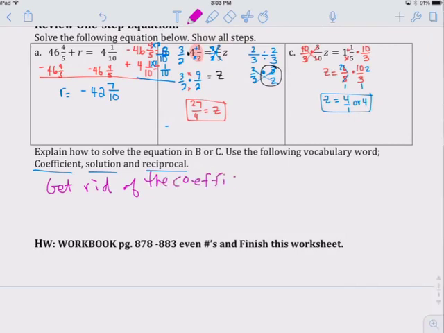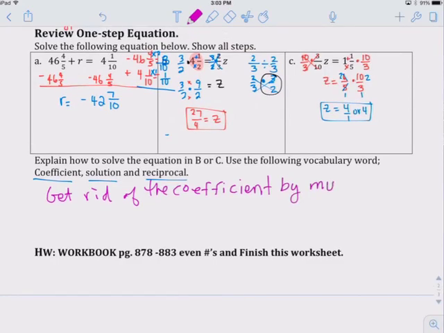That's why I'm writing it at the same time. Get rid of the coefficient by multiplying by its reciprocal and doing the same to the solution. Very good.